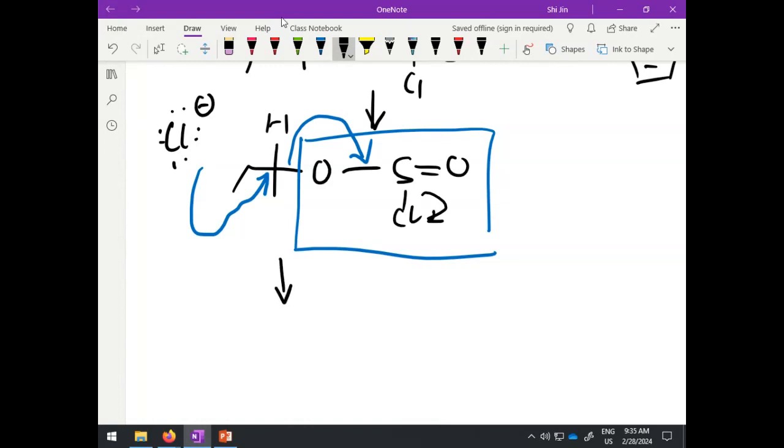This attack is an SN2 type attack, so you will see an inversion of configuration. We're going to see chloride here, hydrogen here, plus SO2 and the chloride ion. That's what happens if alcohol reacts with thionyl chloride.